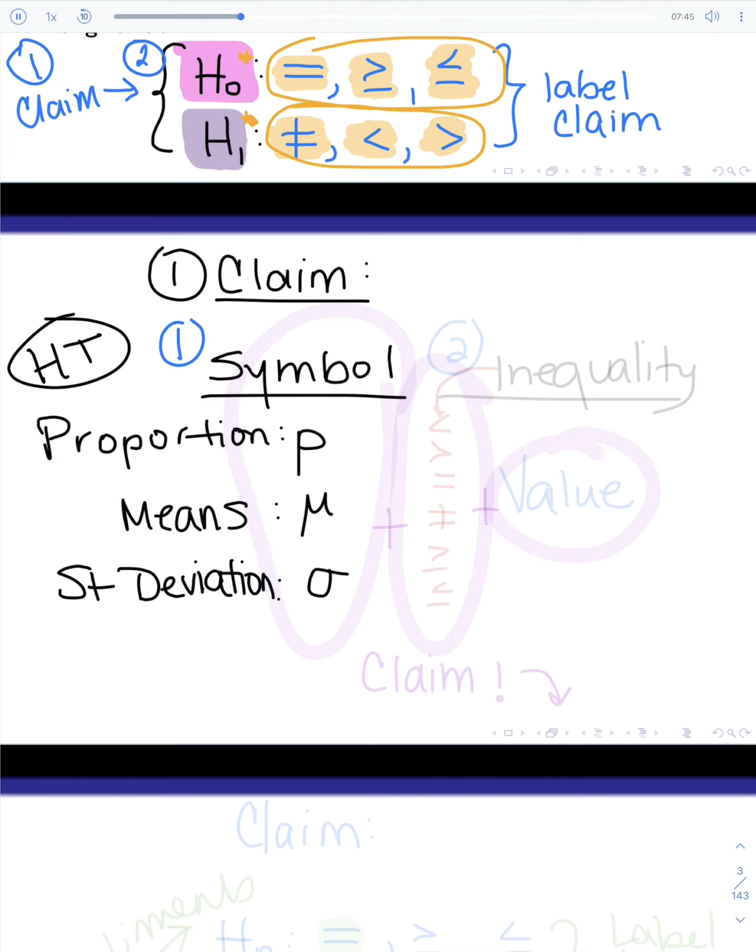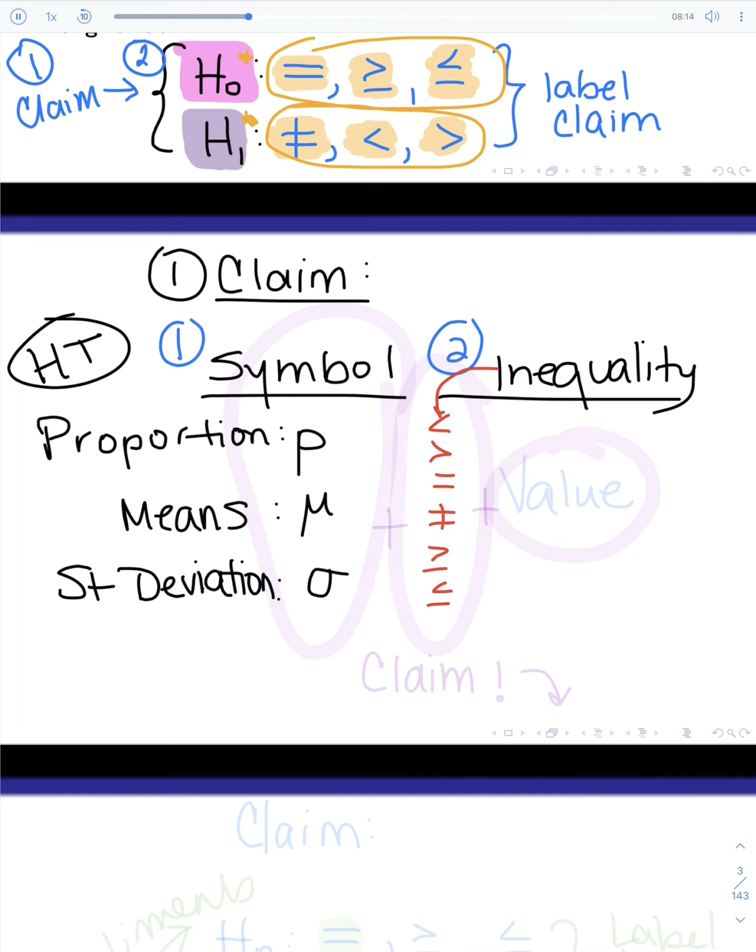So we've got our symbol that you'll have to choose first. Then second, what's going to come after the symbol is your inequality. And your inequality will be either one of those six symbols: a less than, a greater than, an equal to, a not equal to, a greater than or equal to, or a less than or equal to. So that's going to come in second.